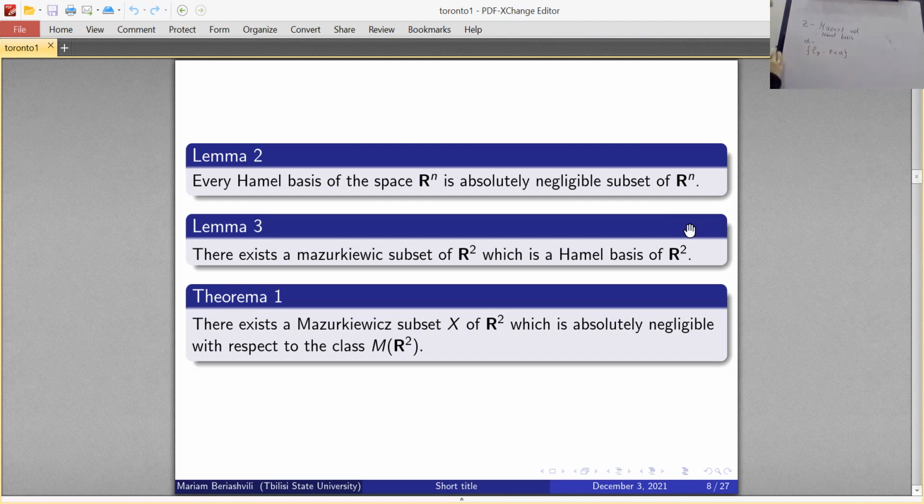I also need an alpha sequence consisting of all points in the plane, which I will denote ζ_ξ, where ξ is less than alpha.